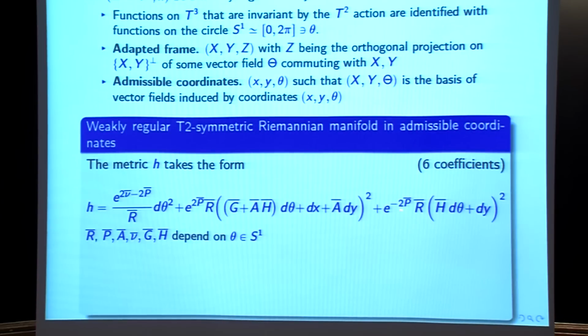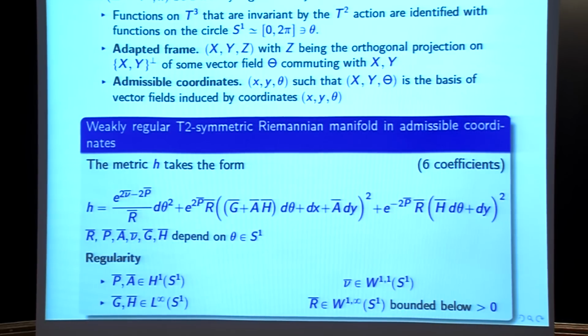So these two quantities cancel out, and you see more or less directly that you get R squared, and this is the area of the T2 orbits.